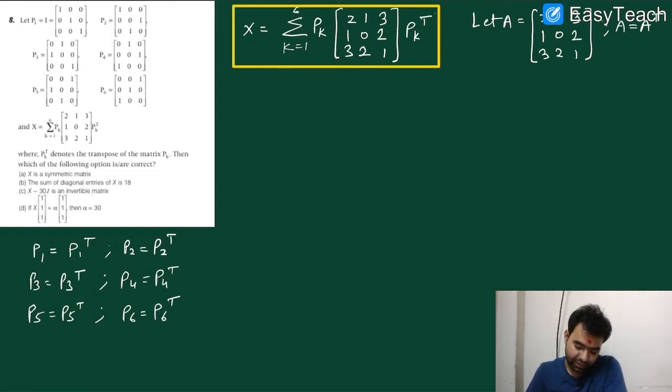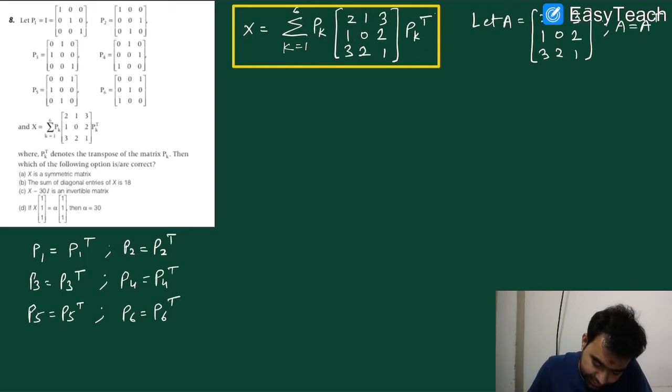Then we have to check how many options are correct. So first is: X is a symmetric matrix. Now how do we check whether the given matrix is symmetric or not? Just simply calculate its transpose. If the transpose is the same as the original matrix, then we can say that the matrix is symmetric.